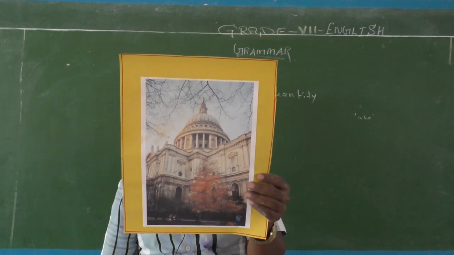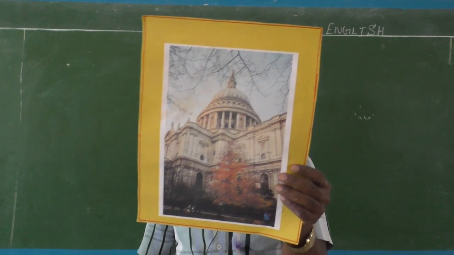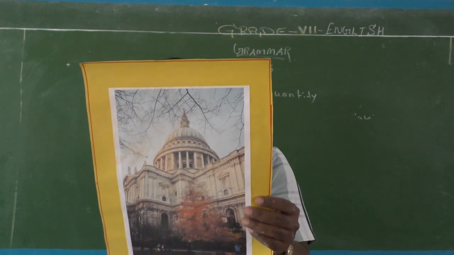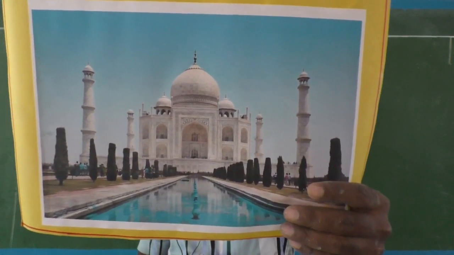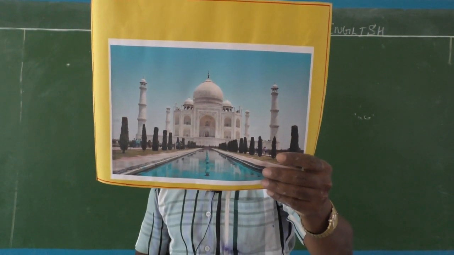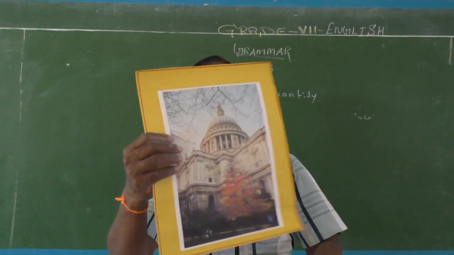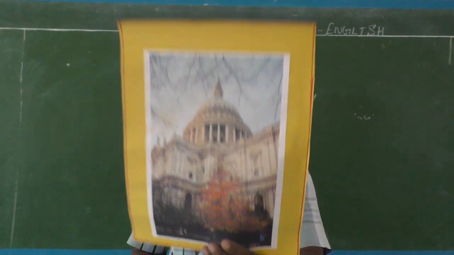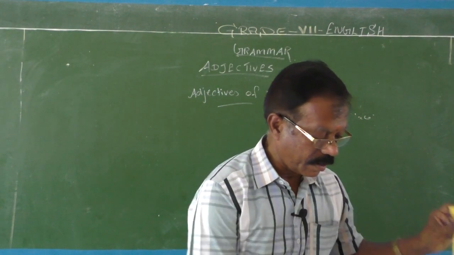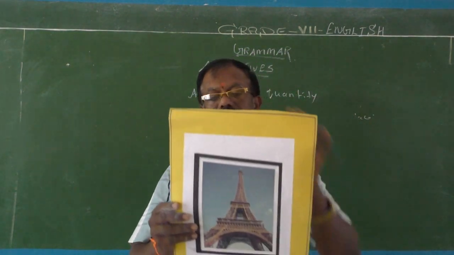So they are called adjectives of quality. Taj Mahal is a beautiful monument. This is an old building. Okay, fine. Next I'll show you some other pictures.